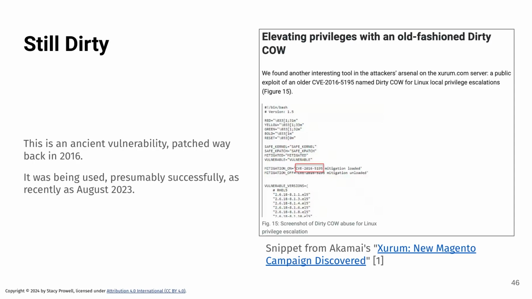And we find that one of the things that they're using to do this is Dirty Cow. So there you go, being used in August of 2023, which is when this report came out, probably still being used because it's not that much after that. 2016 to 2023, another 7 years of this thing, right?